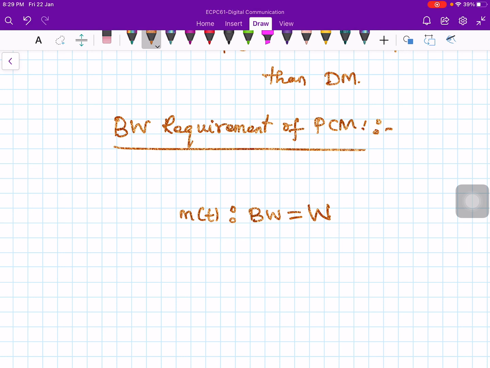That is the question we would like to address and work out quantitatively how much it is. To do that, let us introduce a few parameters of the quantizer. Let us assume that the quantizer associated with the PCM system of interest has q quantization levels.